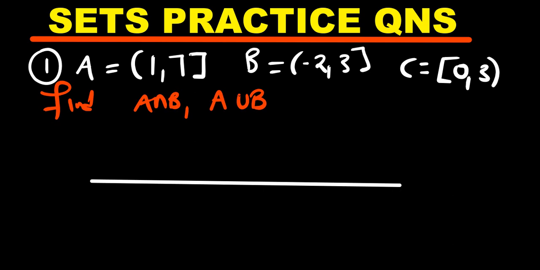Let's start with A. We're moving from 1. Let's say 1 is here. This is 2, this is 3, 4, 5, 6, 7. A is from 1 to 7. Now is 1 included or not?